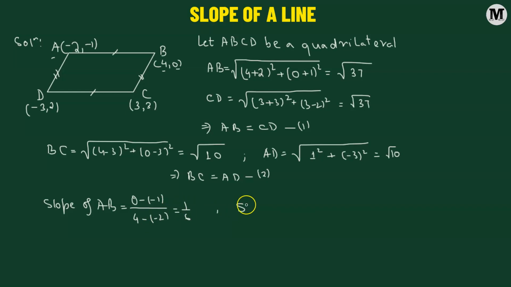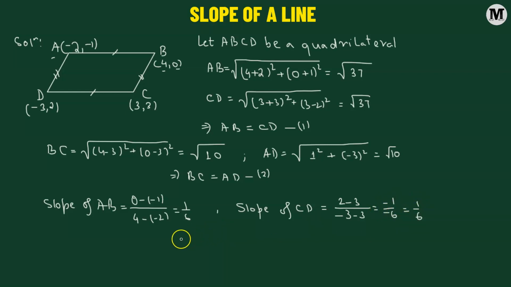Okay. So let's compute the slope of the side CD. So that will be equal to, we need the difference of the y coordinate. So we will take 2 minus 3. And in the denominator, we need the difference of the x coordinate. So that's going to be -3 minus 3. So that's going to give us -1 over -6, or simply 1 over 6.